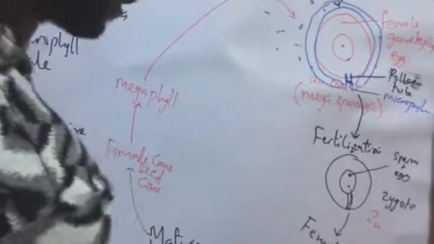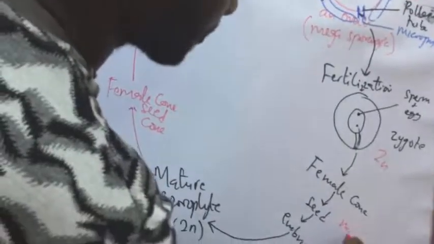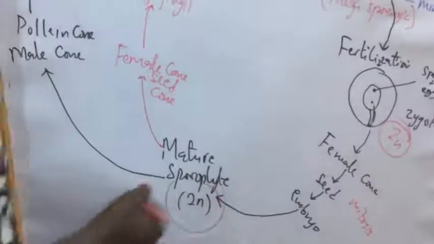Any development that gives back the mature sporophyte must be through mitosis, because we retain the 2N.